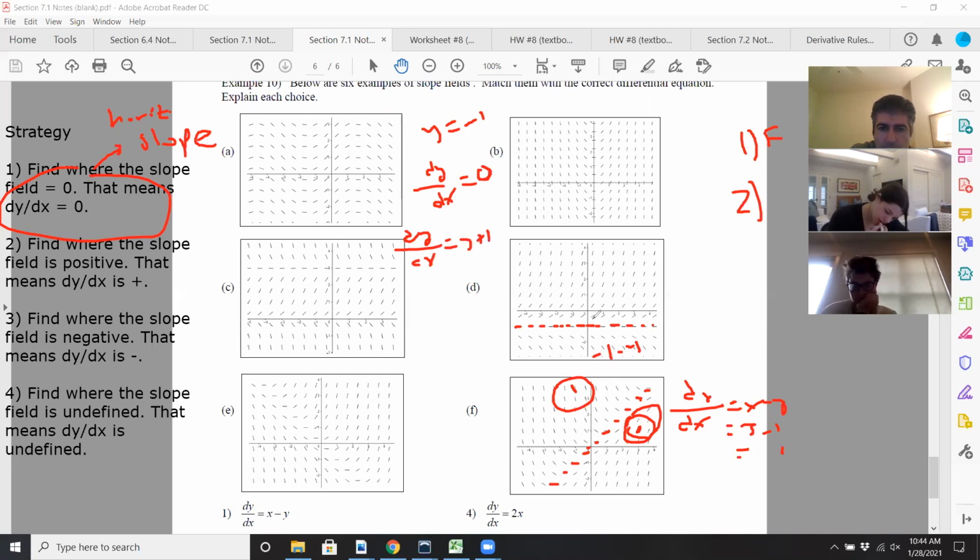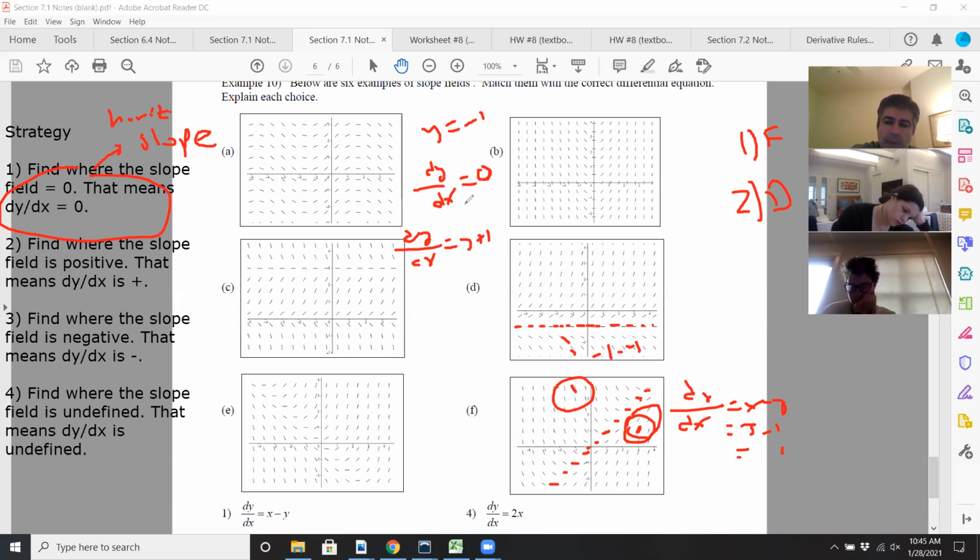So if I plug in values bigger than -1 for y, like 0, 2, or 3, and x doesn't matter because we don't have an x involved, so x is independent in this differential equation. But if I let y be less than -1, like -2 or -3, then they're all negative. In this case, it's going to be D. For number 2, the slope field is going to be D, because I looked at where dy over dx is 0, and I looked at positive and negative values. So 1 is F and 2 is D.